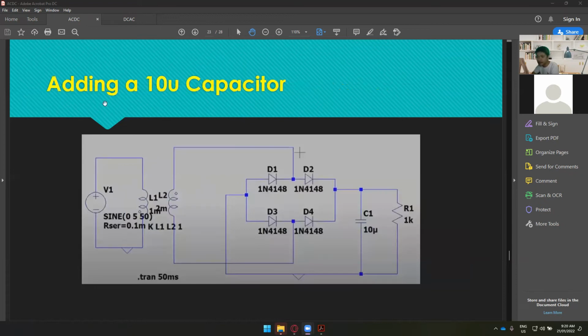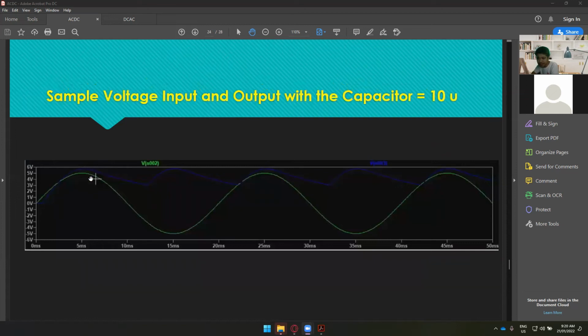And then if you add a 10 microfarad capacitor right here, you'll be able to lessen the ripple. Before, it went from 0 to 6, and now it will be 6, and the following reading will be like 3 or 4. So 6, 4, 6, 4, 6, 4. You were able to lessen the ripple voltage just by adding a capacitor.